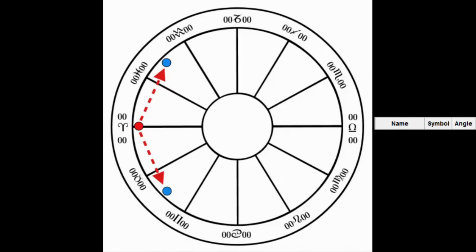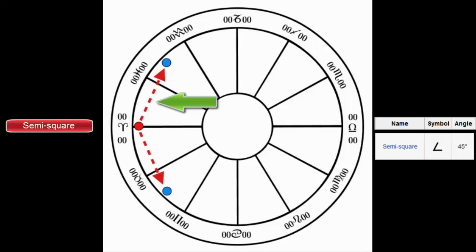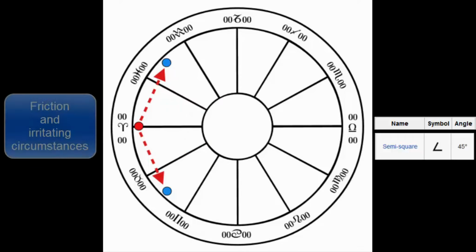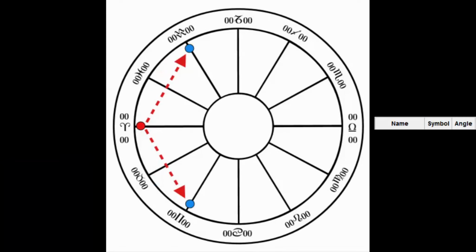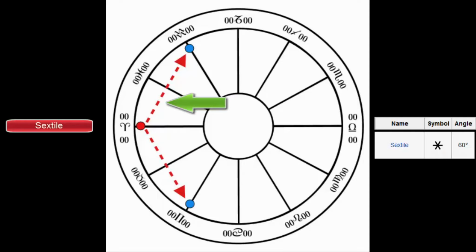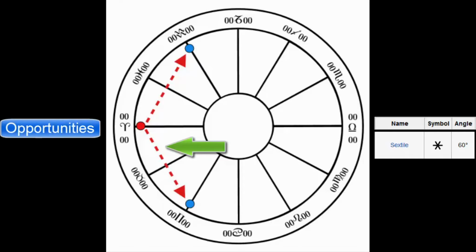The next aspect is the semi-square, which is when the planet is 1.5 signs removed from the other planet, as you can see here. And a semi-square attracts friction with others and irritating circumstances. Next, we have the sextile, which is 60 degrees, and it attracts opportunities.